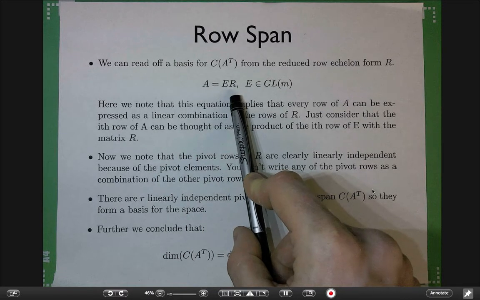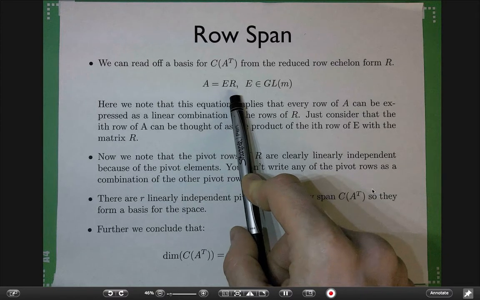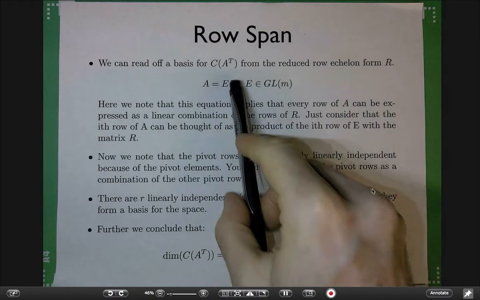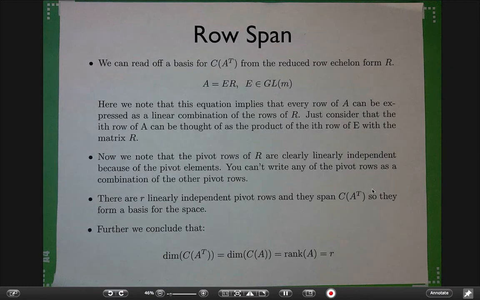This is really the point of the elementary row operations, right? Because notice that all the elementary row operations are doing is linear combinations on the rows of the original matrix. They can be multiplying a row by a scalar, that's fine. They can be swapping rows, also doesn't matter. And they can be adding a multiple of one row to another row, right? All these things are linear combinations.